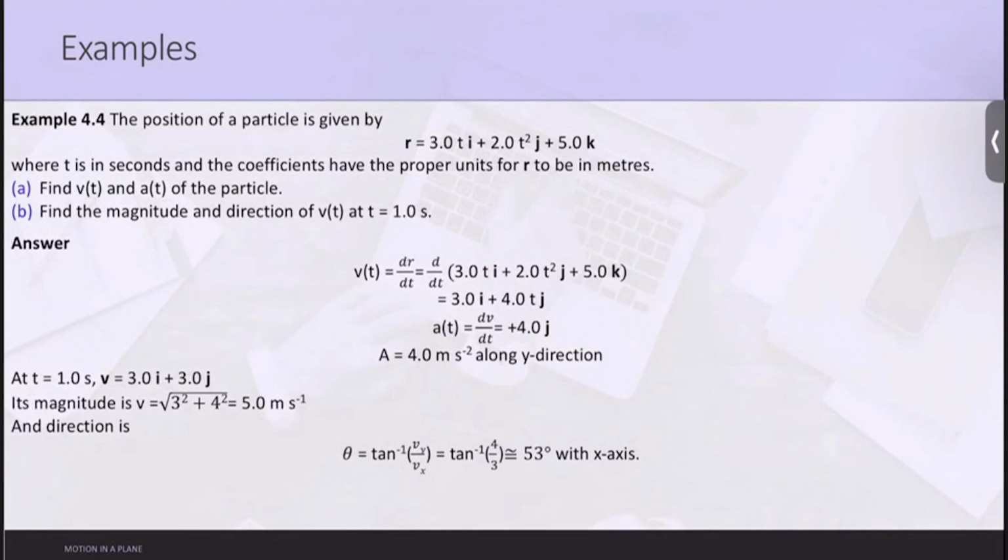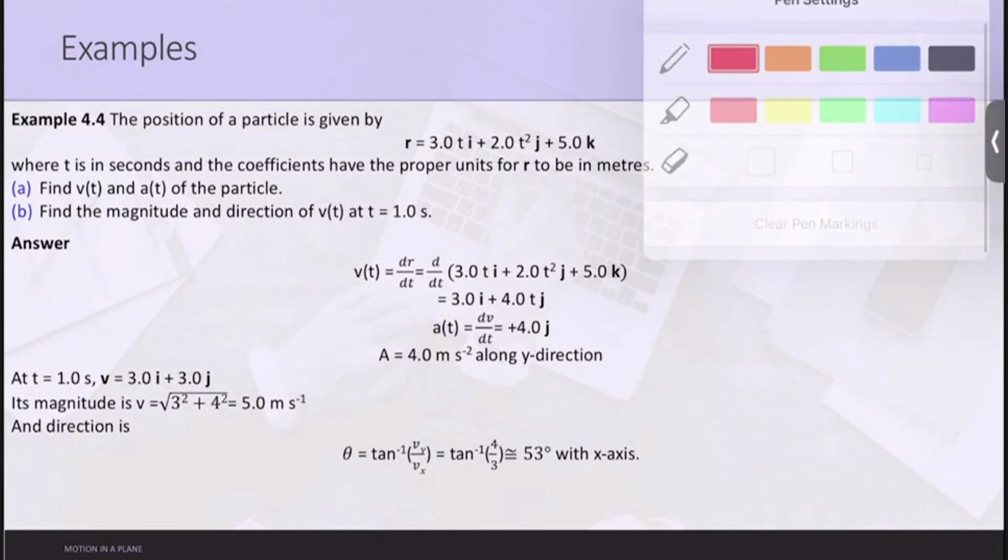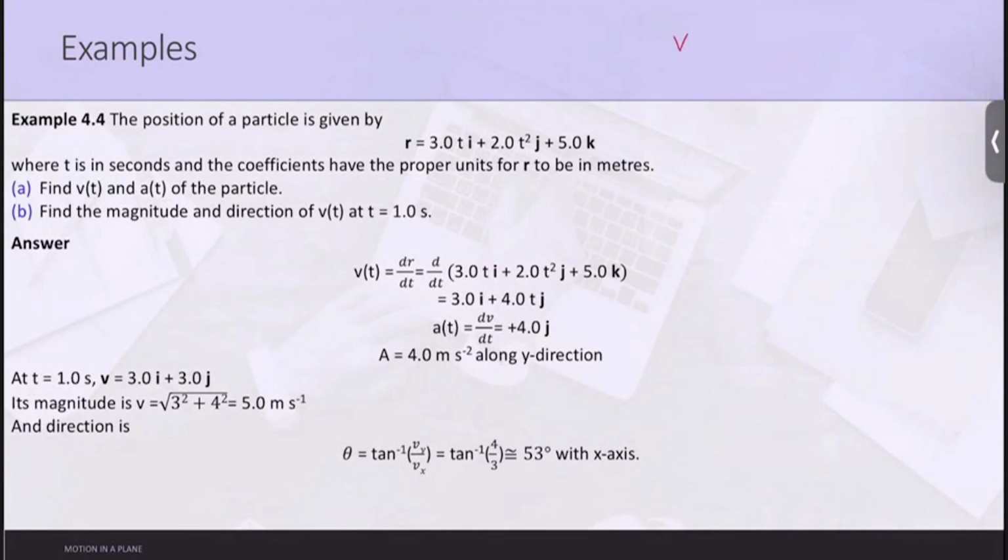Okay, so based on the discussion which you have already done, we know that v is, for the instantaneous case, and we are talking about instantaneous here, correct, equal to dr by dt. So v is equal to vx i cap plus vy j cap plus vz k cap, correct?